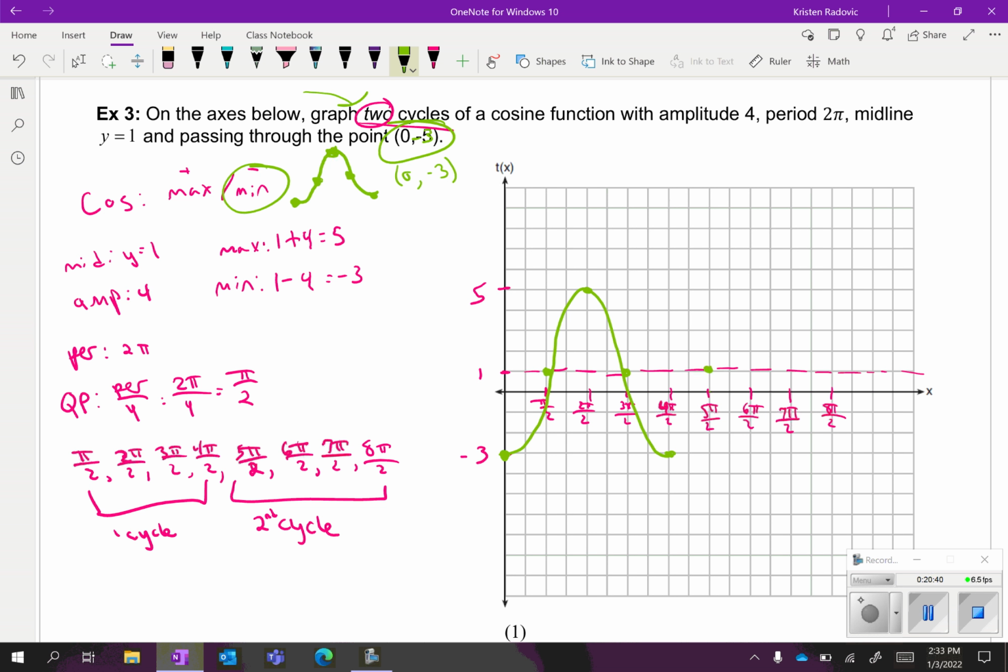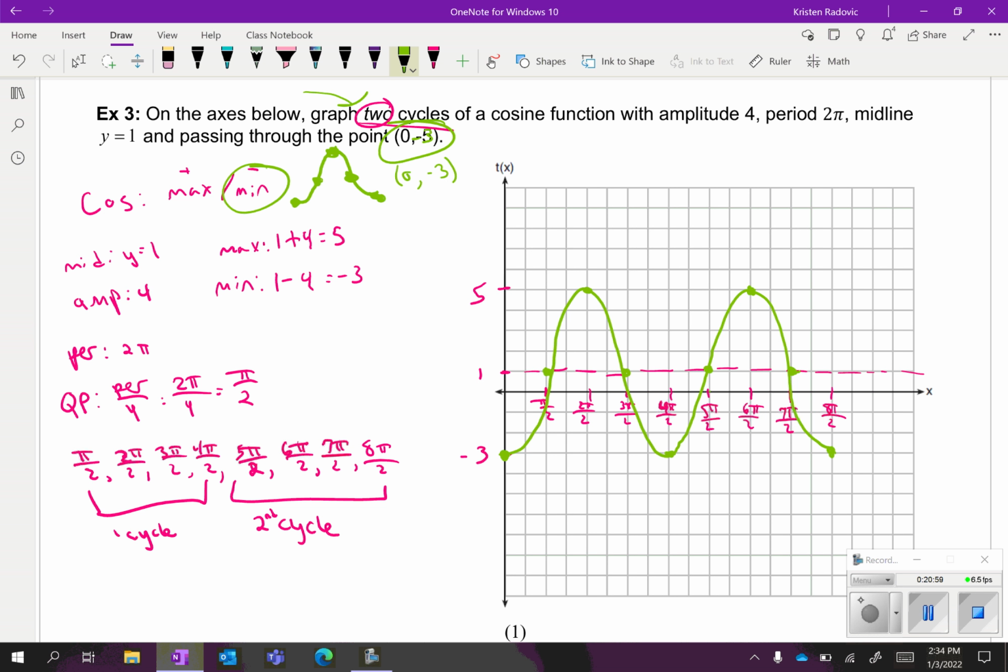I'm going to work my way to the top, turn around and come back to the middle, and I'm going to end going back down to the bottom. And there you have it.